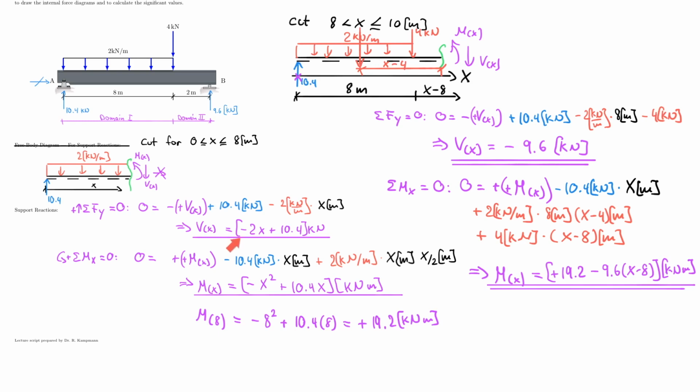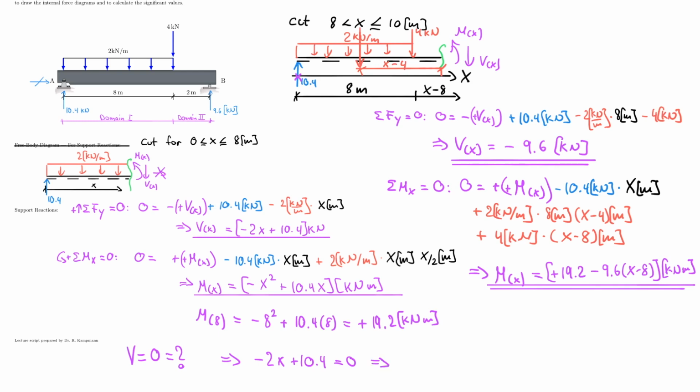So that means I have to set this equation equal to 0 to find out at which distance v is equal to 0 so that I can calculate the maximum moment there. So another thing that I would do is I would find where is v equal to 0. So at which location is that the case? And the way I can do that is, of course, setting the equation minus 2x plus 10.4 equal to 0.